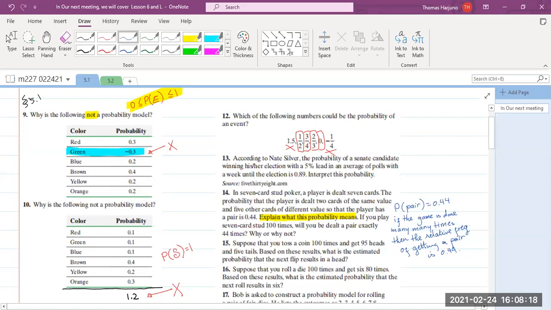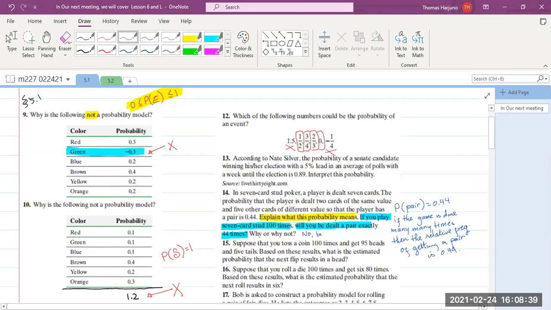Now, but then why, if you play this card game 100 times, will you not get exactly 44 times a pair? The answer is no, that's not what it means.